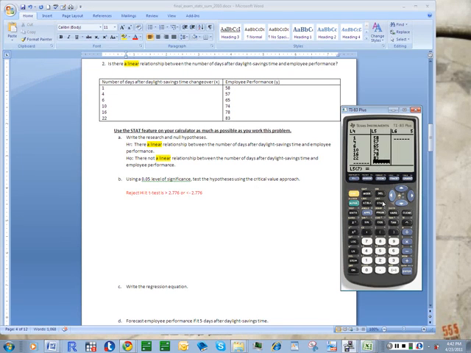And then hit stat again, or over to tests, and up to linear regression t-test. Some of your calculators have linear regression t-interval as well, but we're just doing the t-test, either one of them. And let's see, I had my x's in list 4, and I had my y's in list 5. Don't change that. Leave that at not equal to. Don't put anything in there. Just hit calculate. And so we have a t-test of 6.70.